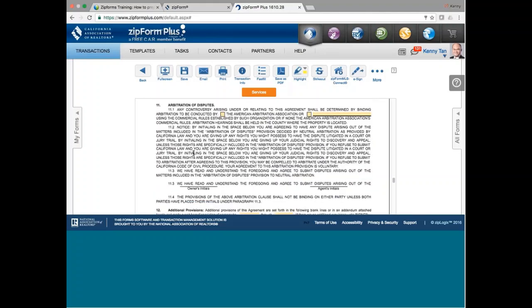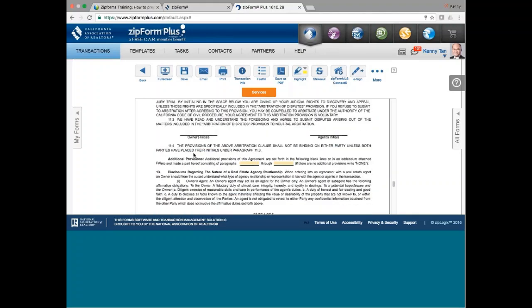And then you've got the arbitration clause, right? And notice that on paragraph 12, for commercial, oftentimes you have to add paragraphs. So if you have any additional provision that may or may not have anything to do with commission, if you have additional terms and conditions, you can actually add an addendum.